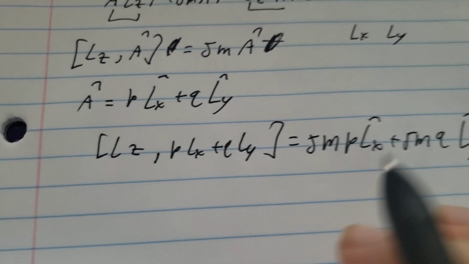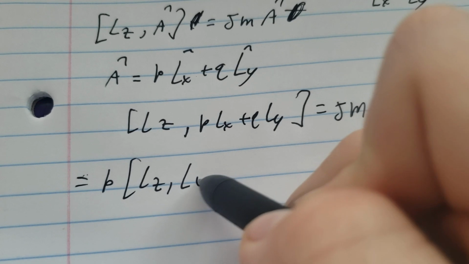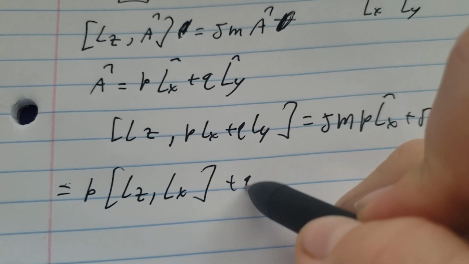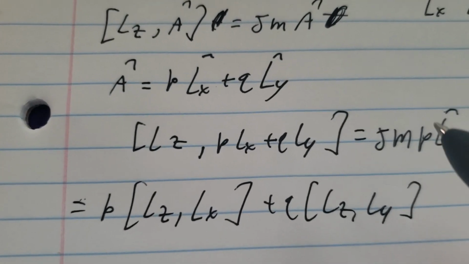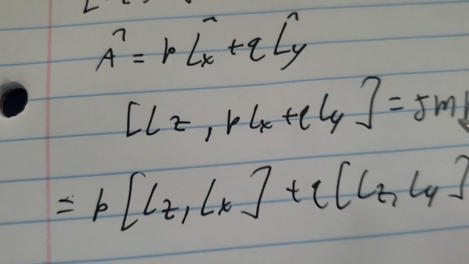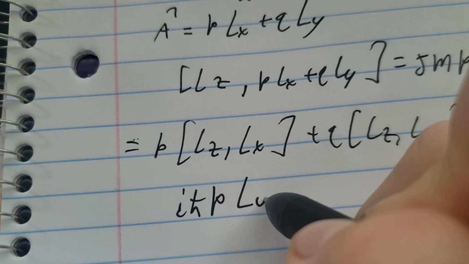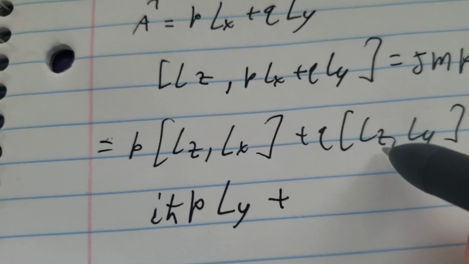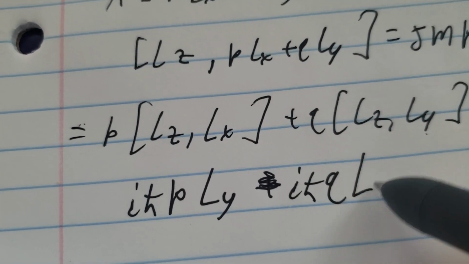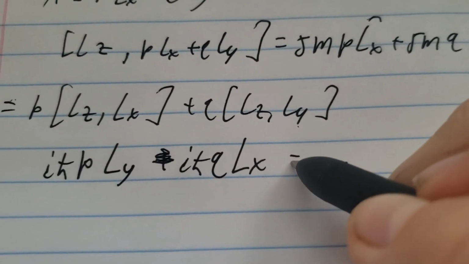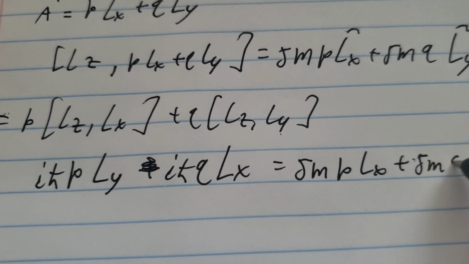And if I forget to put hats, my bad. So we can break this up. Lz with Lx times p plus q times Lz with Ly. Well, based on our commutation relations, that's just i h bar times p times Ly plus, and that is just negative i h bar q Lx, equals delta m p Lx plus delta m q Ly.